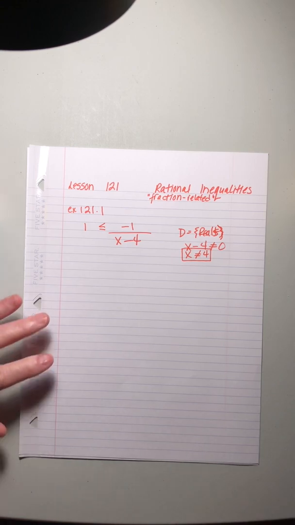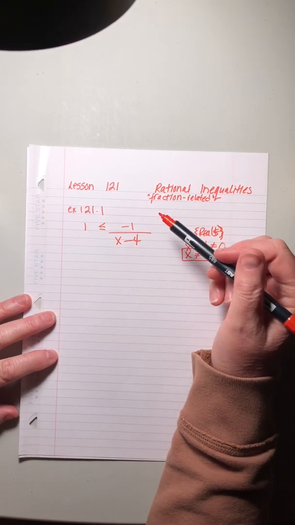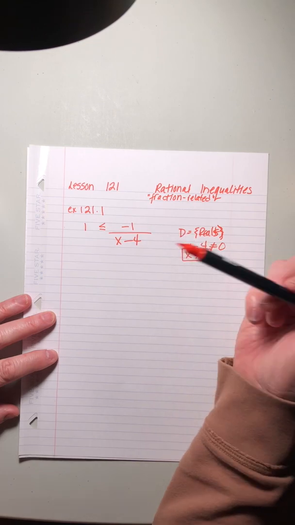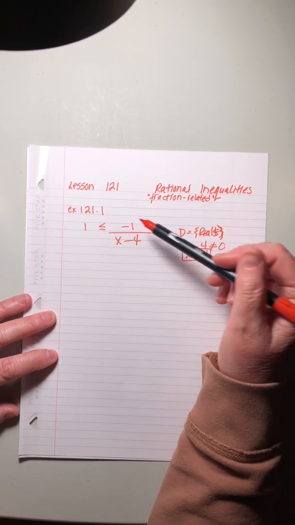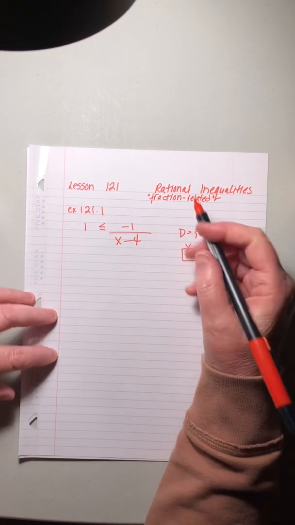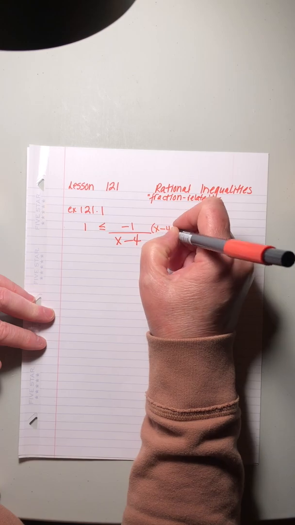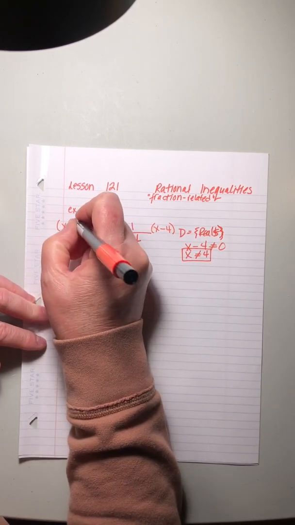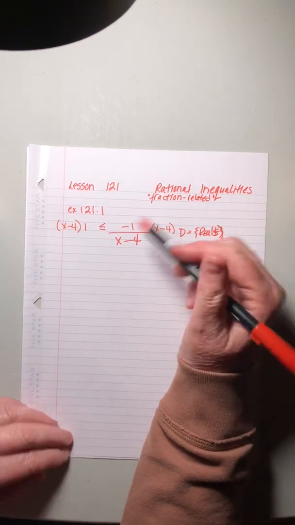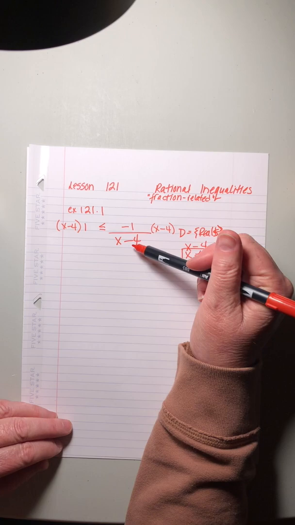But anyway, we know that the best way to get rid of a denominator is to multiply both sides of the equation or inequality by the denominator, and then we can cancel, right? So we would like to do this. But because this is an inequality, that raises a potential issue.